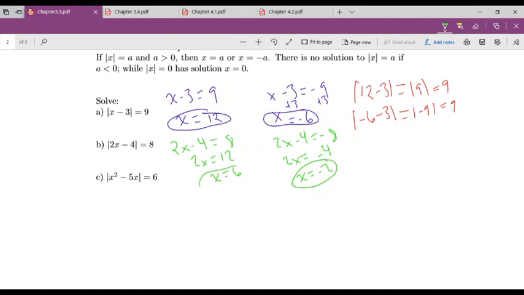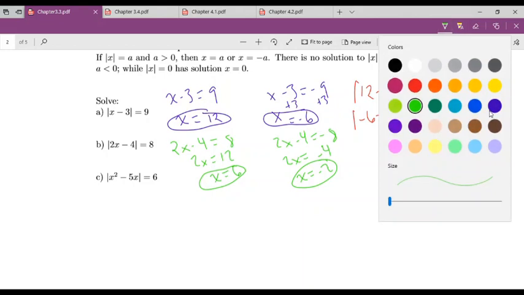So plug 6 in here. 2 times 6 is 12. 12 minus 4 is 8. Absolute value of 8 is 8. I'll plug negative 2 in. 2 times negative 2 is negative 4. Negative 4 minus 4 is negative 8. Absolute value of negative 8 is 8. Simple enough. Let's look at C.